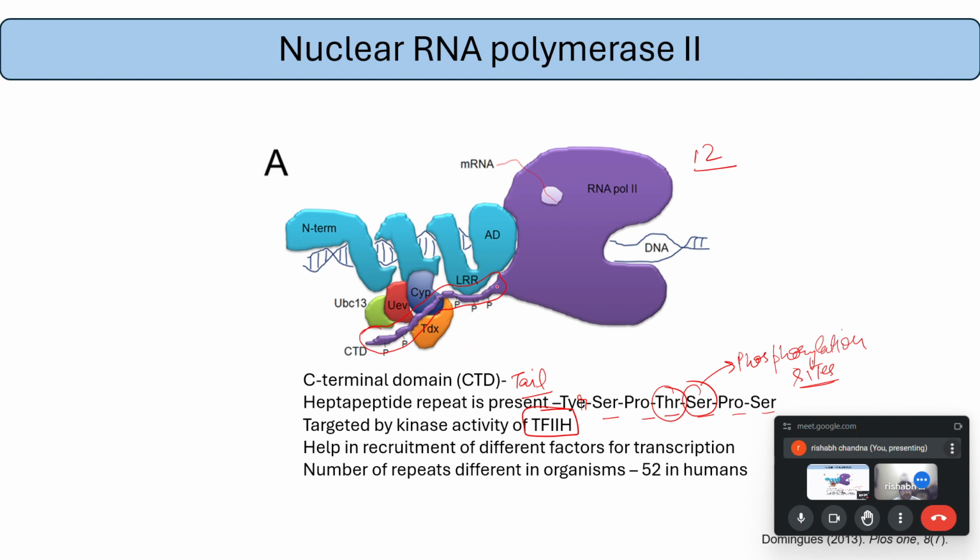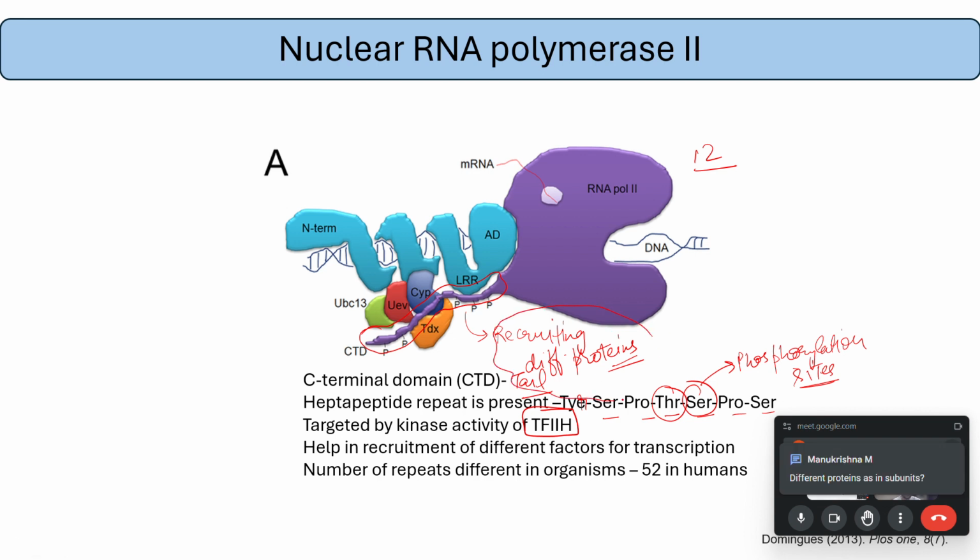So this phosphorylated tail is important in recruiting different proteins that can be involved in regulation and in RNA processing. So this signaling is also important from the point of view of this carboxyl terminal tail.